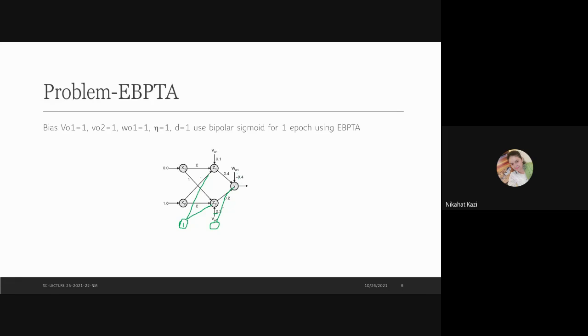Are you getting the architecture? Apart from this, the desired output is given to be 1, and you have to use bipolar sigmoid. You have to train this architecture for one epoch using EBPA. So that is the problem.